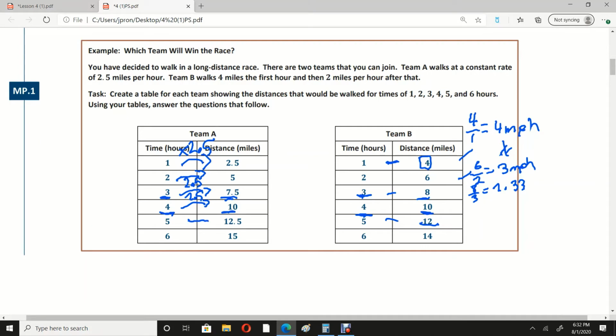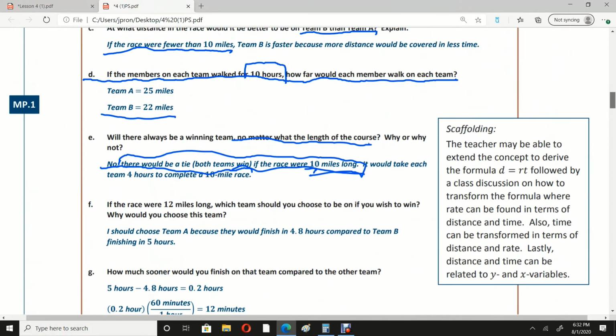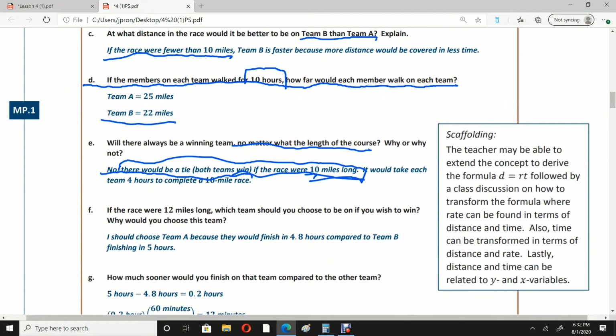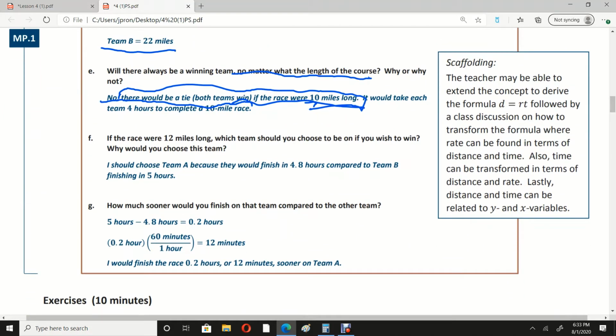Well, team A would win because we determined that anything past 10 miles, advantage goes to A. So if they tie at 10 miles, then at 12 miles, A is going to be beating them, right? That's how I would answer that. I don't know if they did some math on that. You could use some intuition on that, but yeah, they did some math.